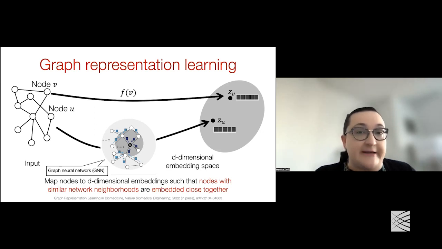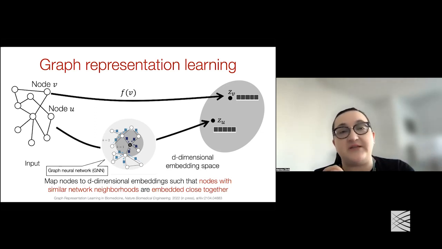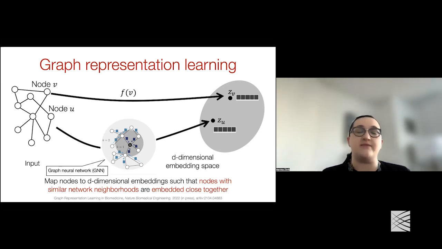Two points similar in the input data set get represented by points that are close to each other in the embedding space.